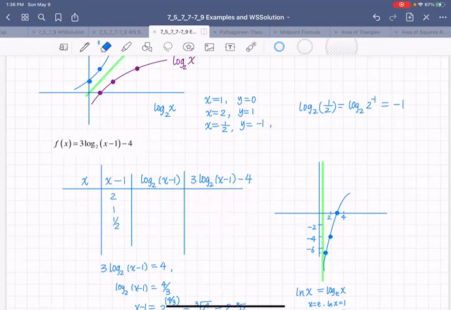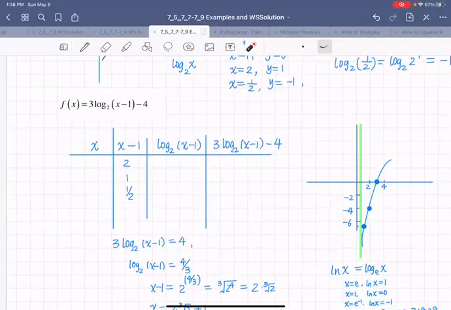Brandon. Hello. I make x minus 1 equal to 2, 1, and 1/2. The reason is because log base 2 of 2 equals how much? If this is 2, how much is this?